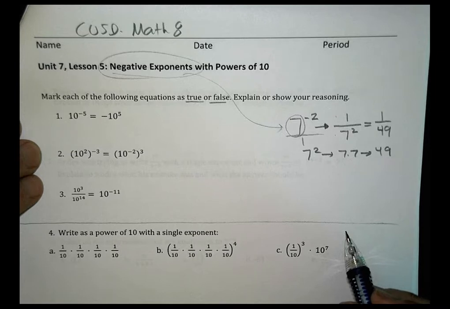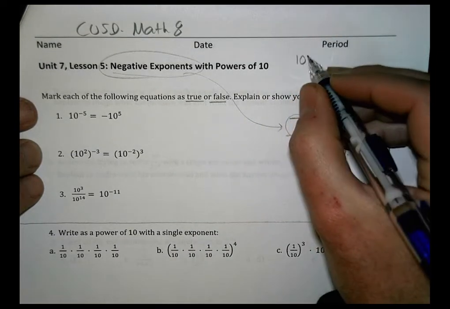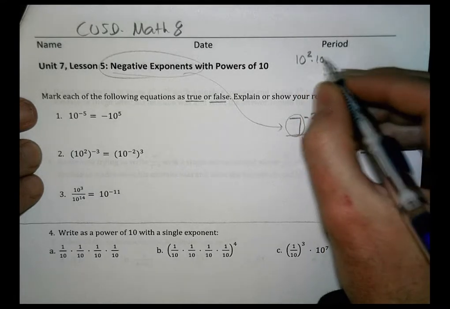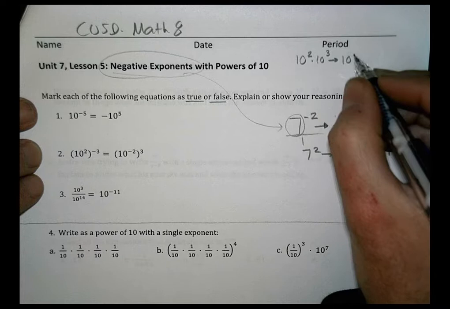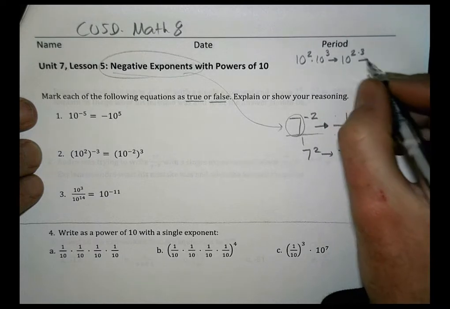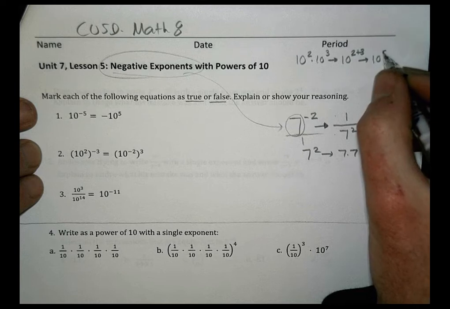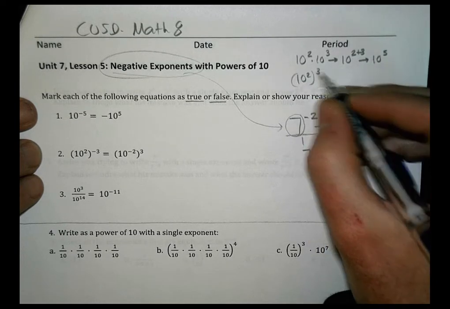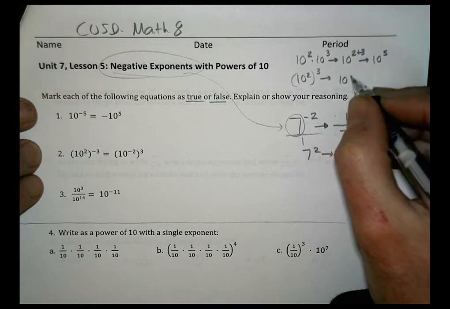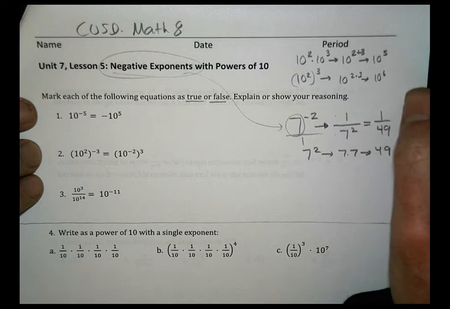So recall all of your exponent rules. When I have 10 to the second times 10 to the third, that becomes 10 to the 2 plus 3, which is 10 to the 5th. If I have 10 to the second, to the third power, then I have 10 to the 2 times 3, which is 10 to the 6th power.